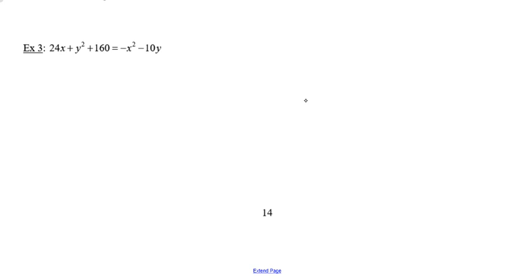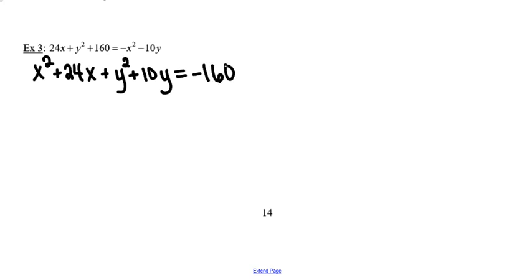I'm going to go ahead and rely on a little bit of mental math to do this. I'm going to add x squared to both sides. The y squared is fine where it is, but I'm also going to add 10y to both sides, and I'm mentally going to subtract that 160 from both sides.